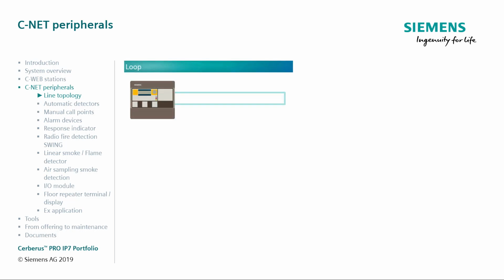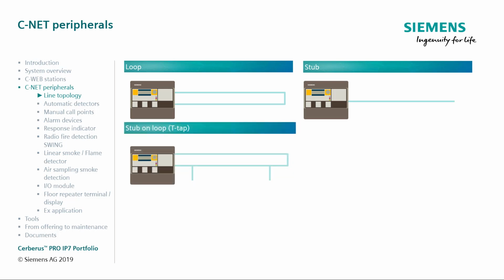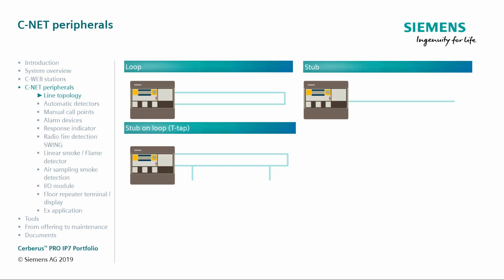To make sure we cover all CNET safety functions, we will now take a look at the various CNET line topologies. The control panels can work with either loops or stubs. It is also possible to have a stub line on a loop. We call this a T-tap. As you've learned before, our devices have an integrated line separator. A loop supports up to 40 T-taps.